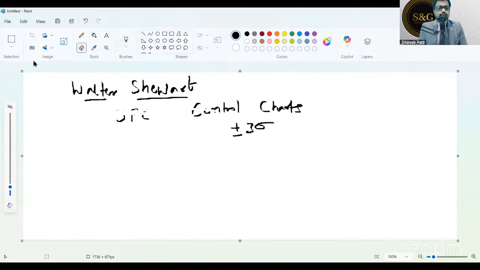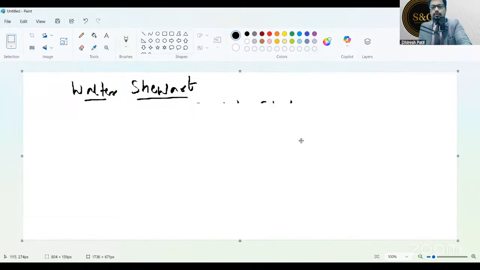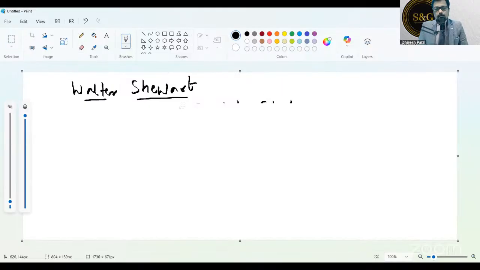So according to Shewhart, he first defined potential process capability.